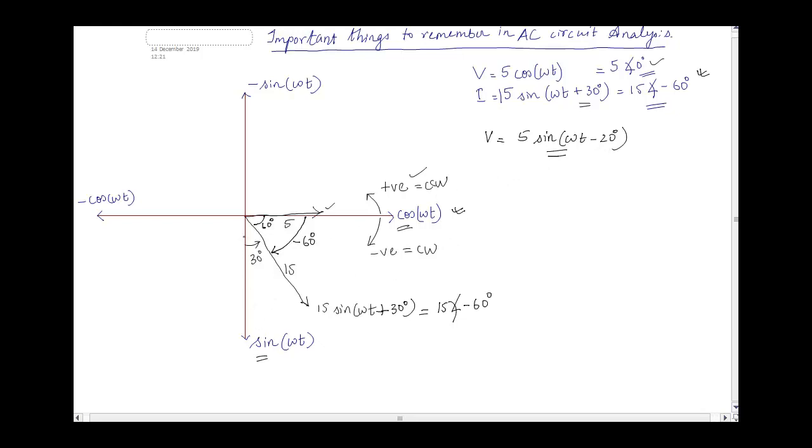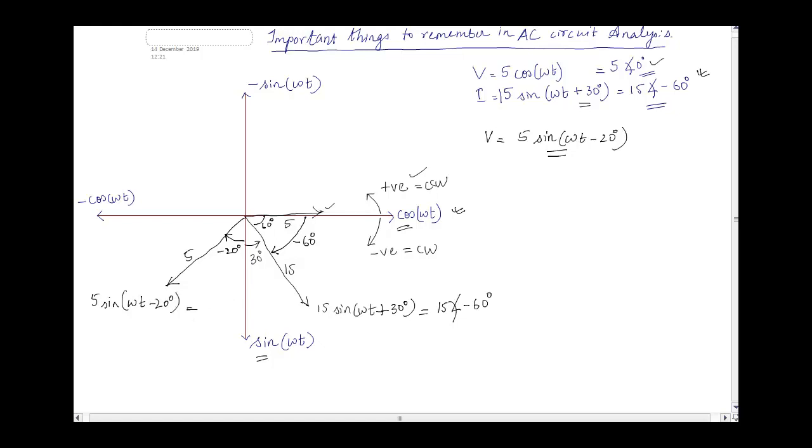Minus 20 means I have to go in clockwise direction. In this direction I have to go 20, that is minus 20. Suppose I am going to draw my 5, this is a vector of length 5. So this is now 5 sine omega t minus 20.